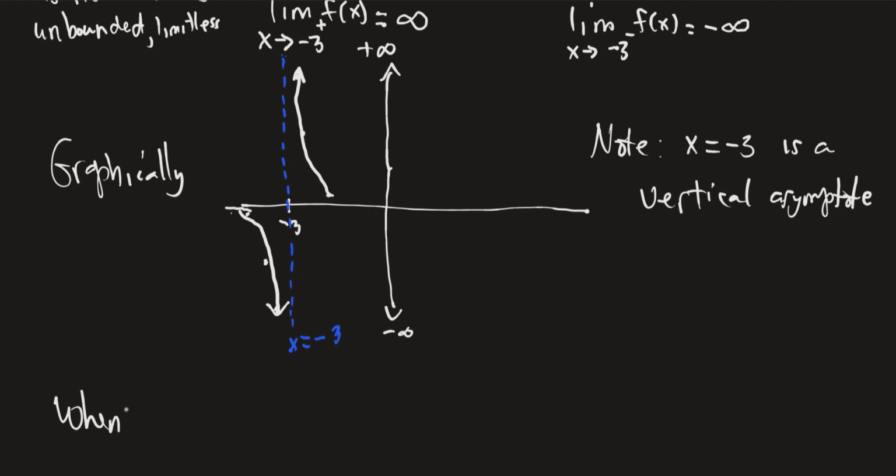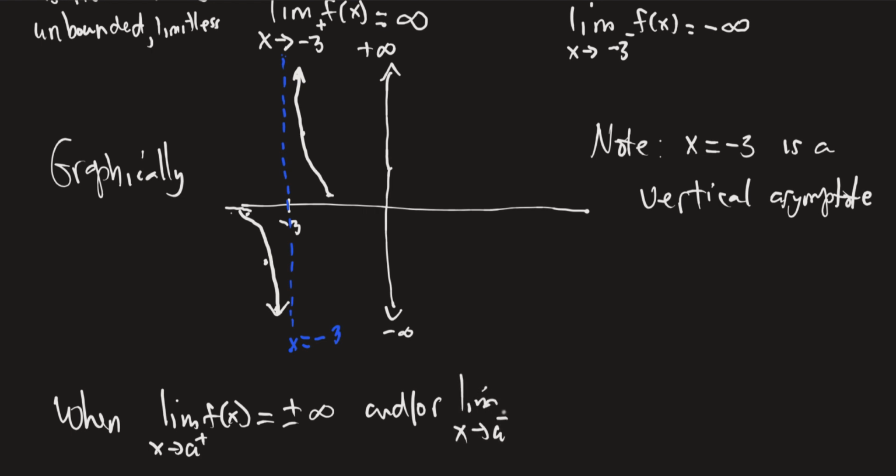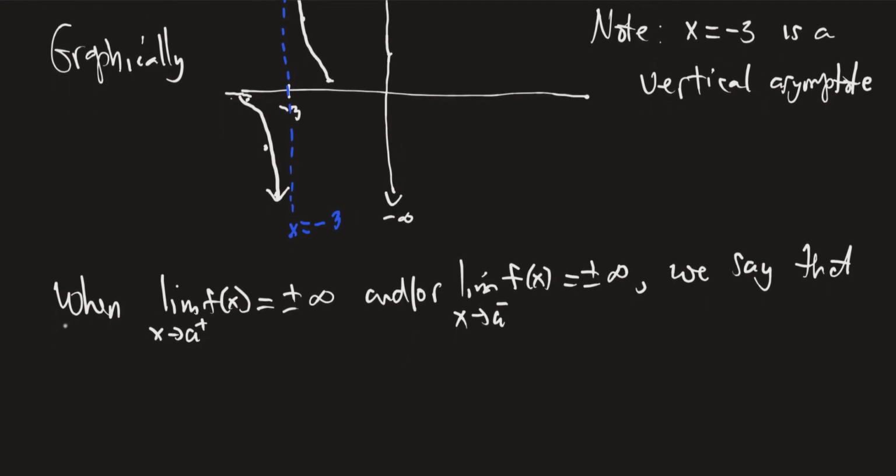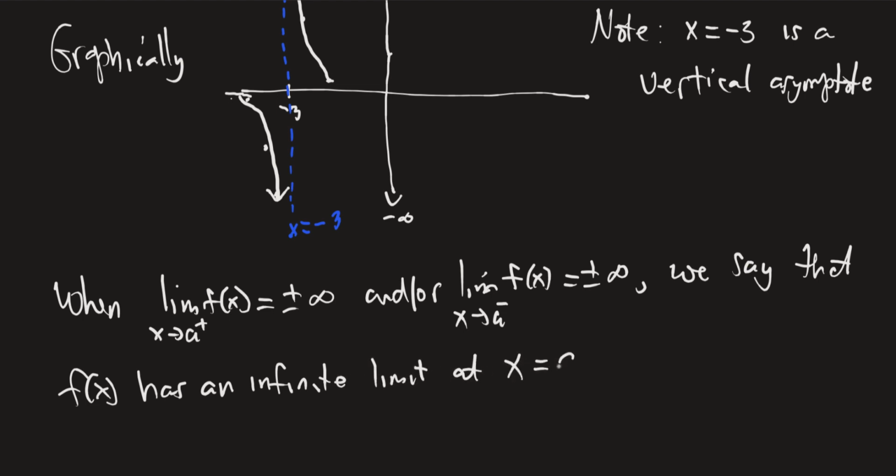When the limit as x approaches a plus of f of x is either plus or minus infinity, and/or the limit as x approaches a minus of f of x is also plus or minus infinity, we say that f of x has an infinite limit at x equals a, right?